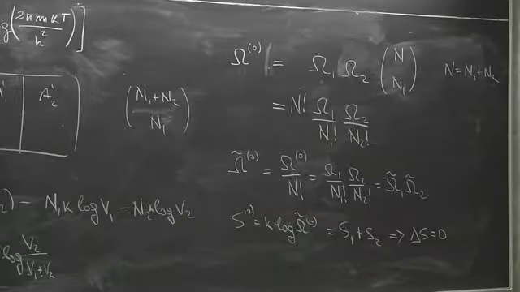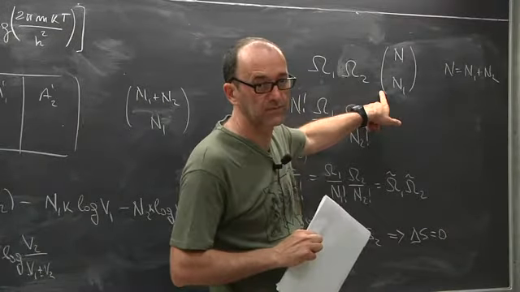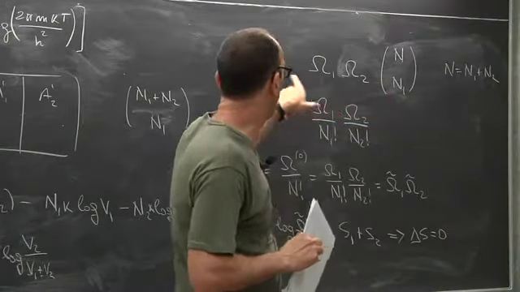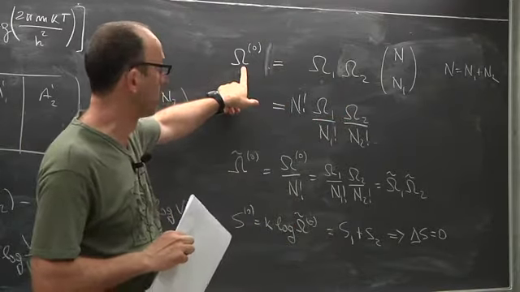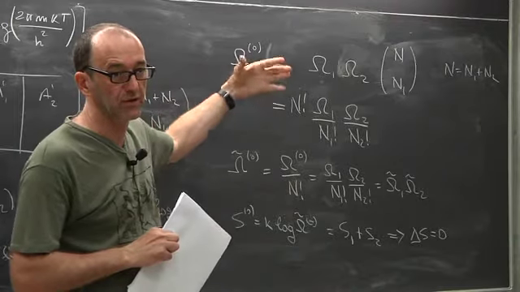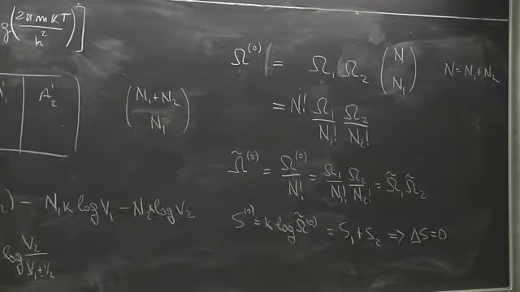as it should. Of course, if the two gases are different, this is not true. Indeed, if the two gases are different, this number will depend on the number of particles of type 1 and the number of particles of type 2 separately.